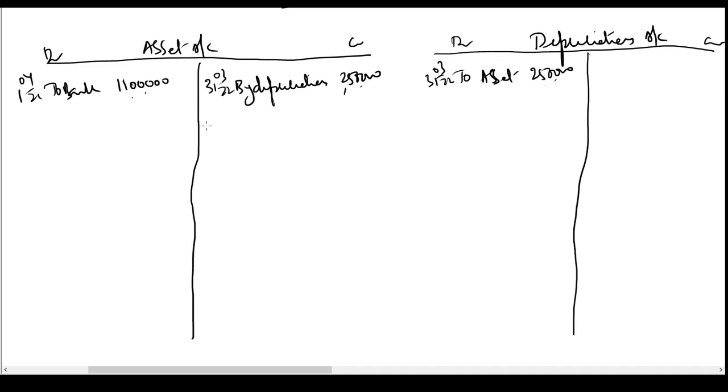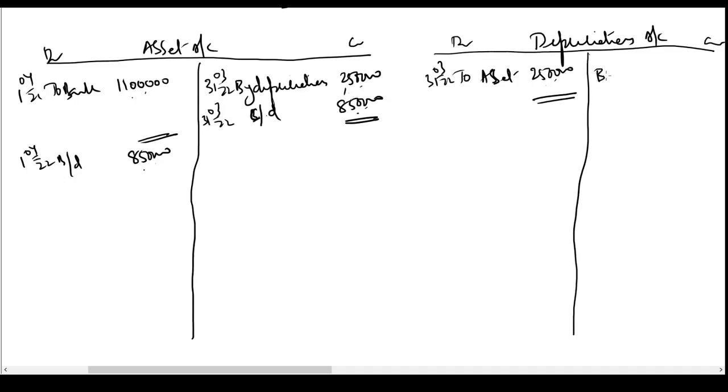Now what will happen to the asset? On 31st March 22, I do balancing, carried down 8,50,000. 1st April 22, brought down 8,50,000.